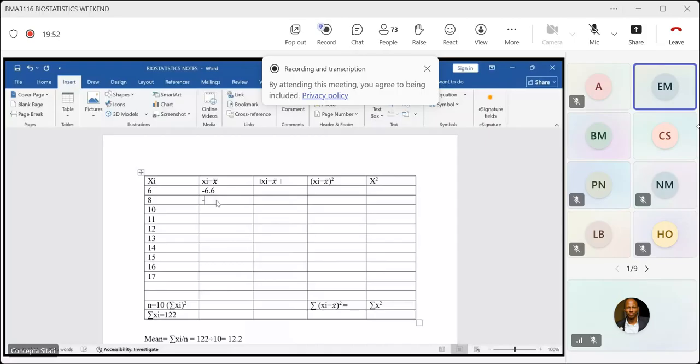Negative 4.2. The next one? Negative 2.2. Next? Negative 1.2. The next one? Negative 0.2.